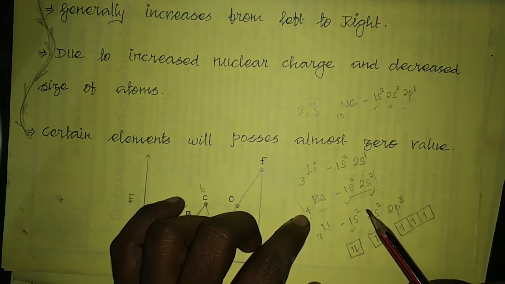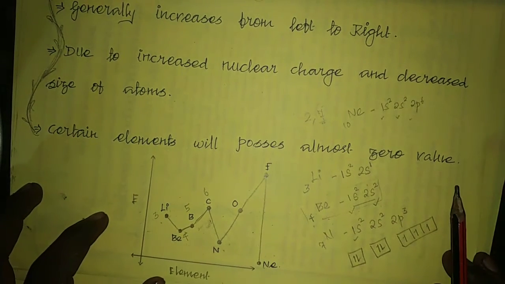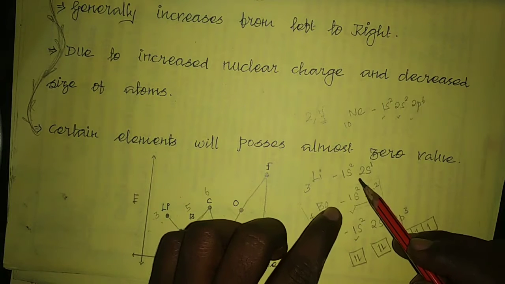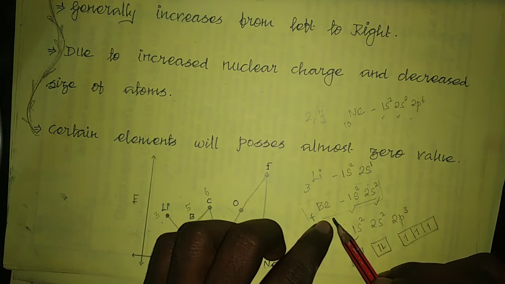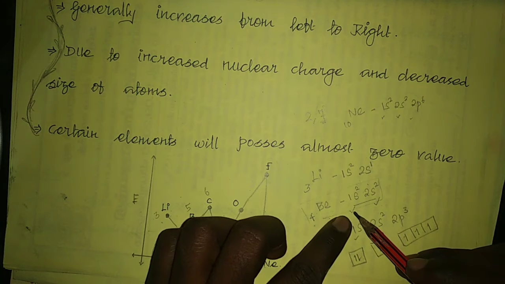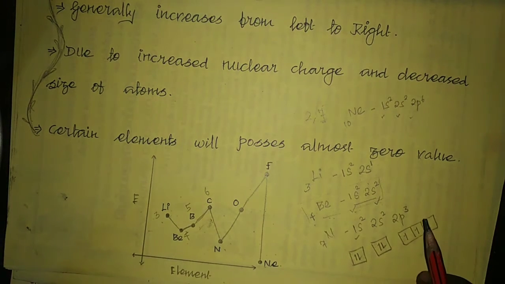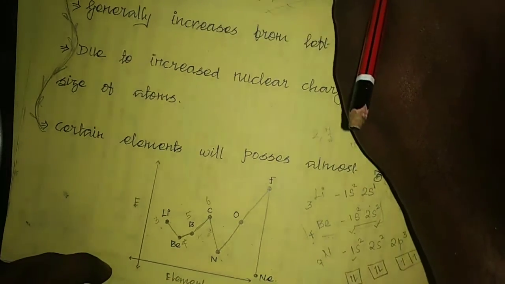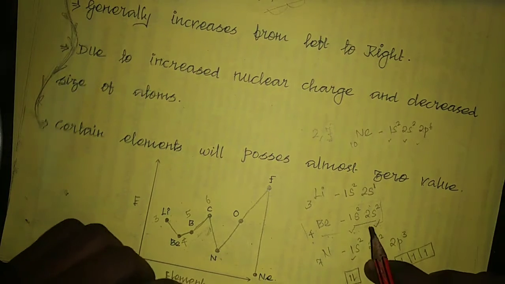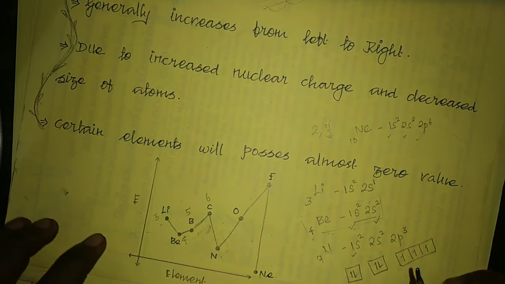Its electronic configuration is 1s2, 2s2. So here lithium has no completely filled configuration, whereas beryllium has a completely filled configuration. The 1s orbital is completely filled and the 2s orbital is also completely filled. So because of this completely filled electronic configuration, this element possesses lesser electron affinity than lithium.